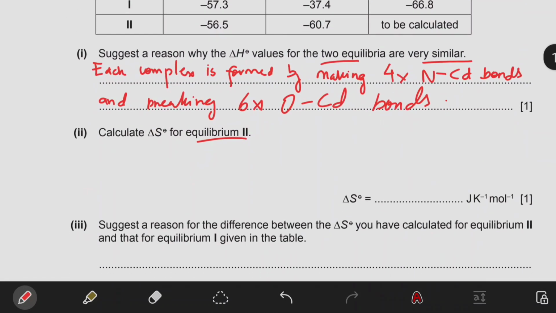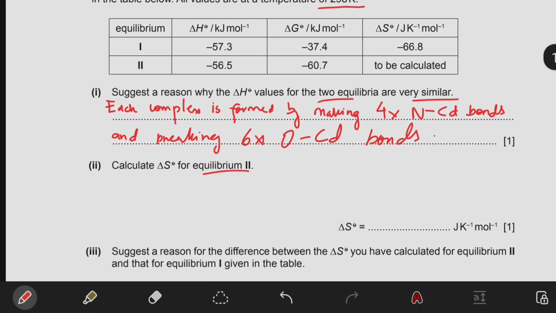Okay, so we have the equation. Simply using this, we put in the values.